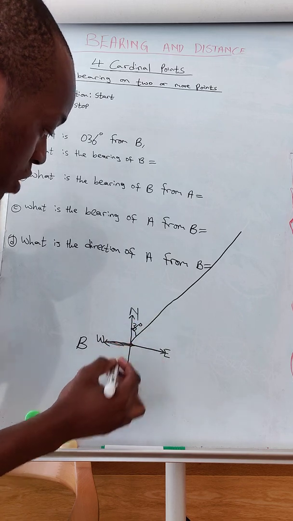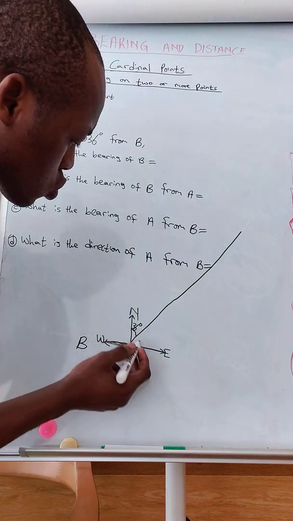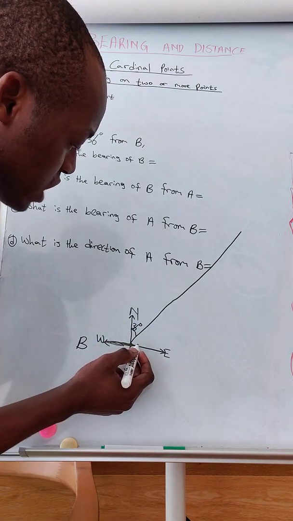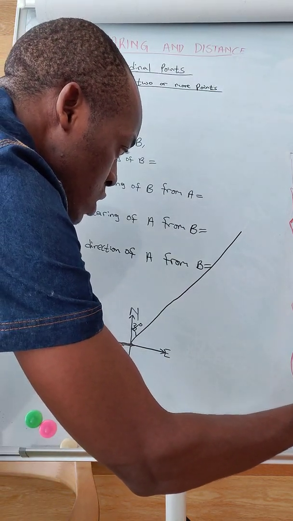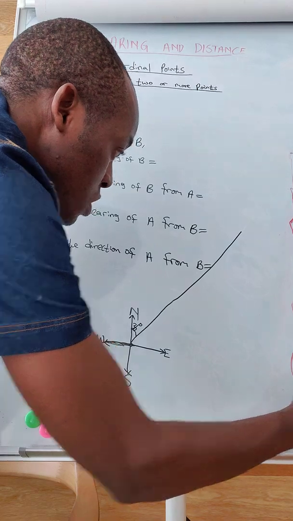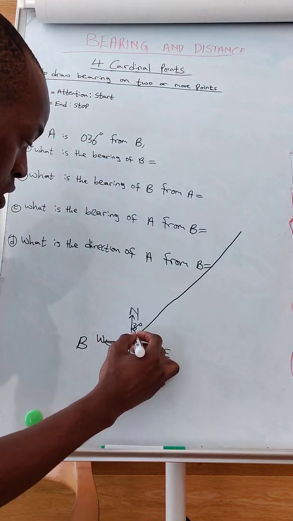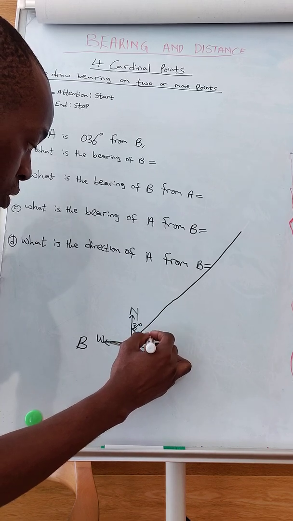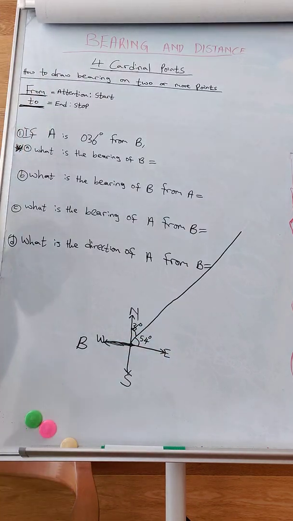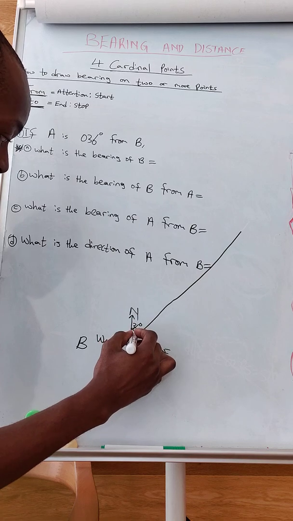From north to east is 90. Now, 90 minus 36 will give us 54. That is, the remaining part here is 54 degrees. Are we together? 36 stops here.